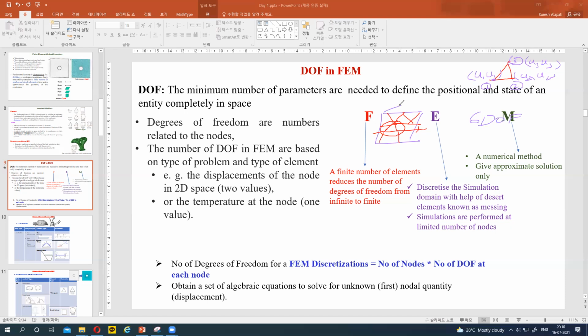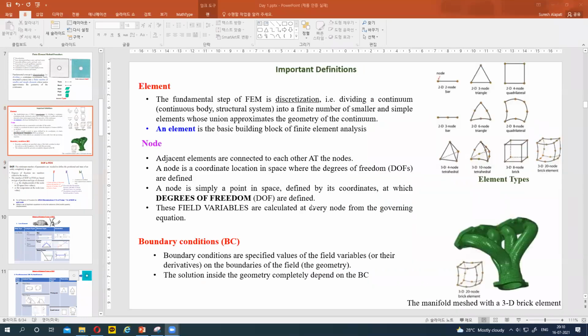Similarly, for a 3-dimensional problem, if we use a brick element, at each node we have to find u, v, w: the x direction displacement, y direction displacement, and z direction displacement.